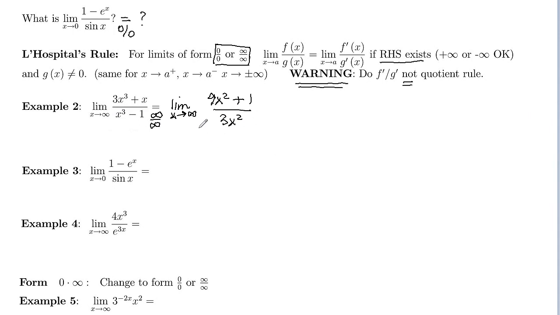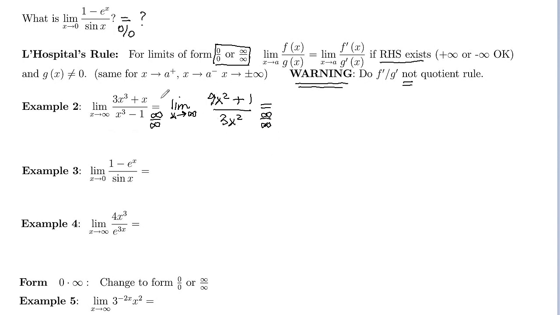So now what's going on? Well, as x goes to infinity, this 9x squared goes to infinity, plus 1 goes to infinity, and the 3x squared also goes to infinity. This is still infinity over infinity. We still can't tell what's going on. But we can apply L'Hopital's rule again.